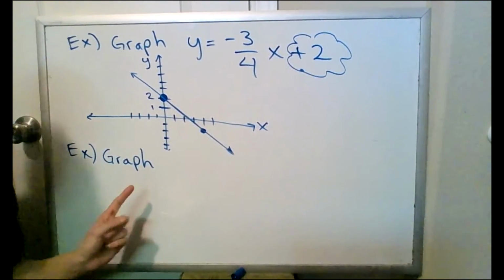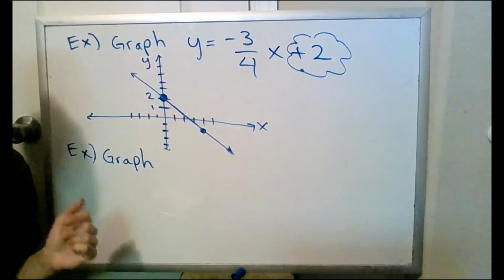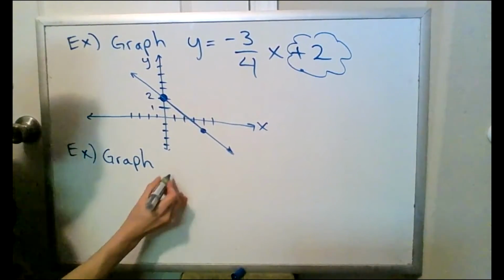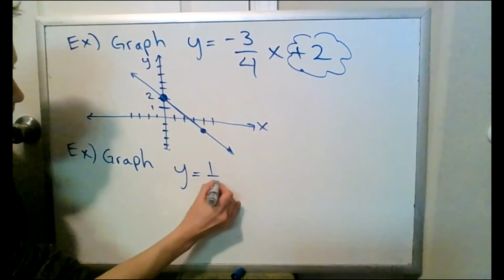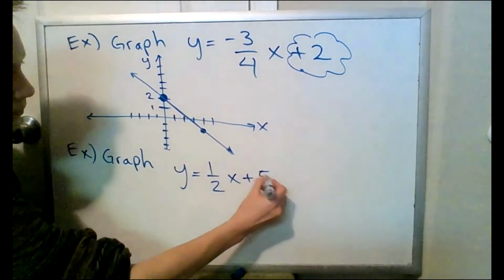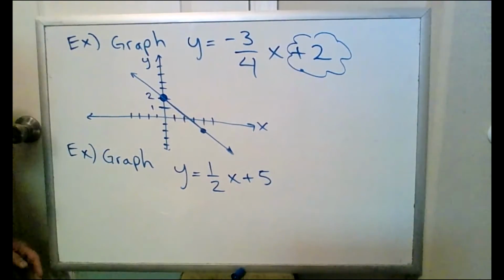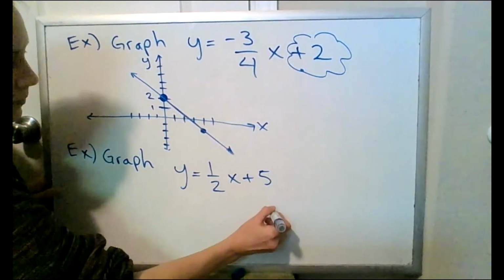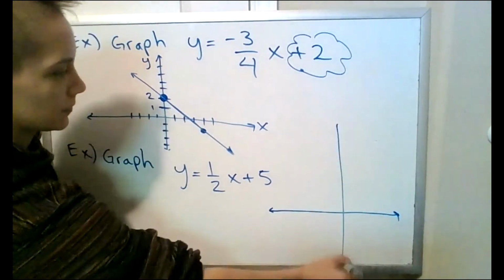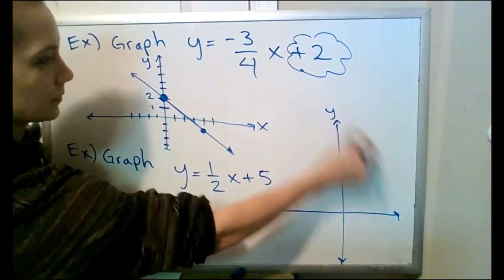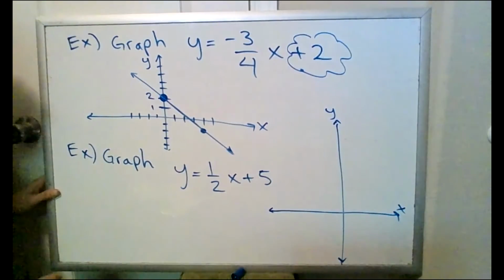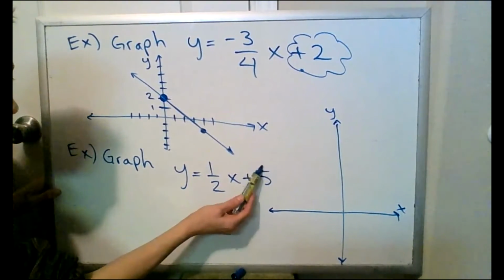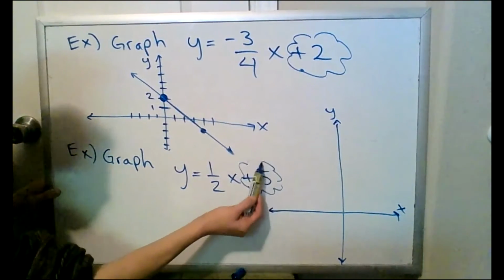Okay, this time we're graphing y equals 1/2 x plus 5. We are going to go to 5 on the y-axis, or plot the point (0, 5).